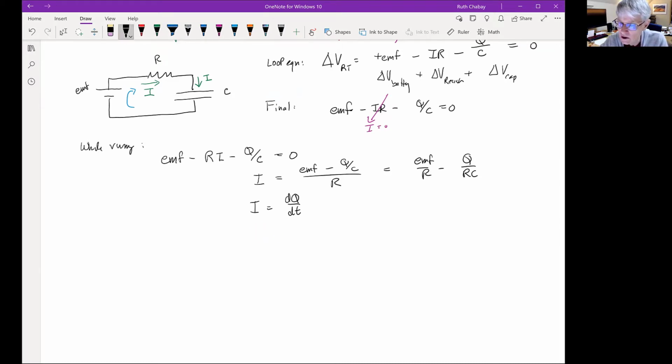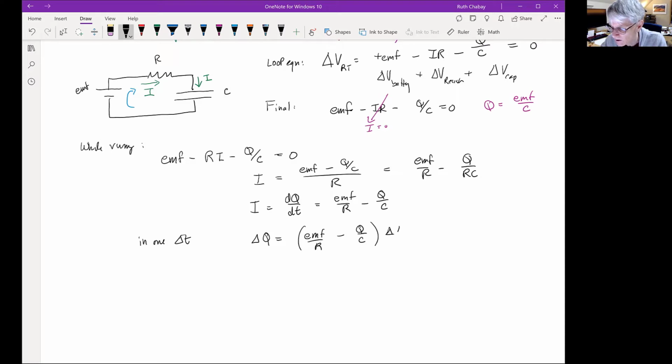And so current is equal to that, which is equal to EMF over R minus Q over RC. So the amount of charge flowing on in one time interval, we can write as delta Q in one delta T. Delta Q is equal to the EMF over R minus Q over RC times delta T.